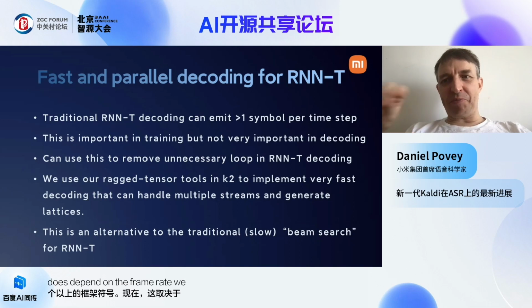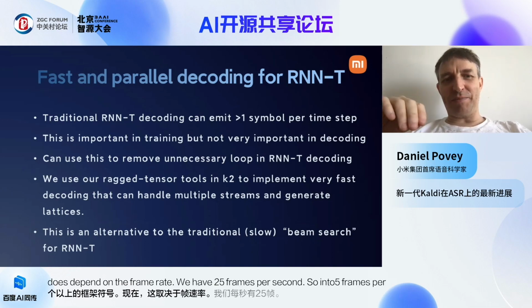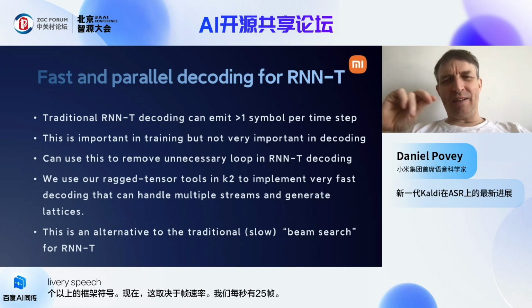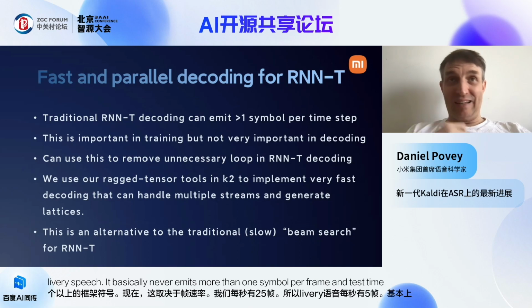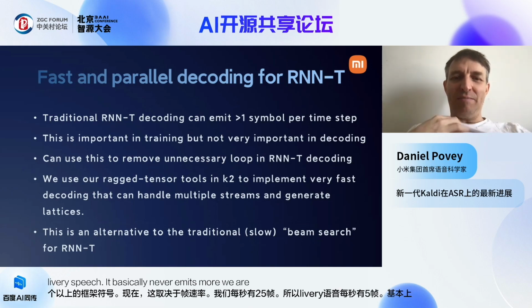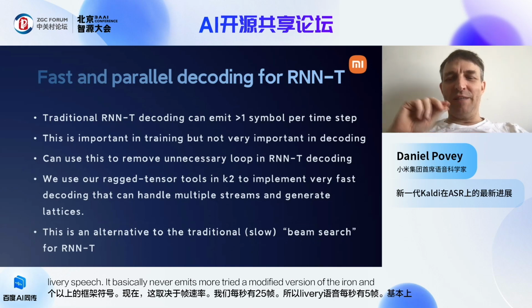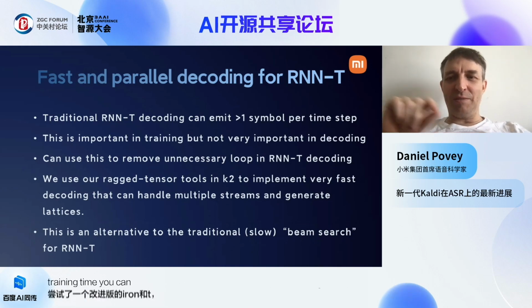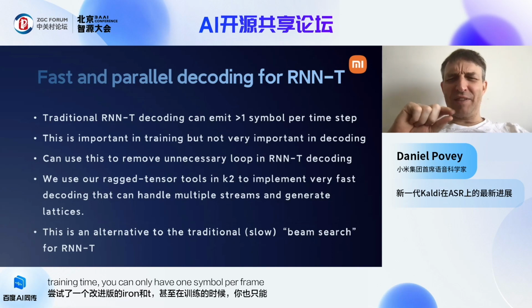We have 25 frames per second. So at 25 frames per second on LibriSpeech, it basically never emits more than one symbol per frame at test time. We actually tried a modified version of the RNN-T where even in training time, you can only have one symbol per frame. And for some reason, that actually did not work.